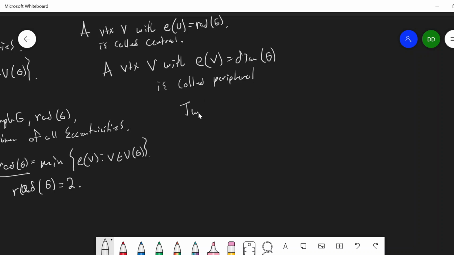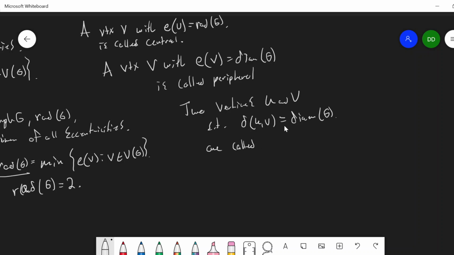Two vertices, U and V, such that the distance between them is equal to the diameter of the graph, so two vertices that are as far apart as you can possibly get in the entire graph, are called antipodal.